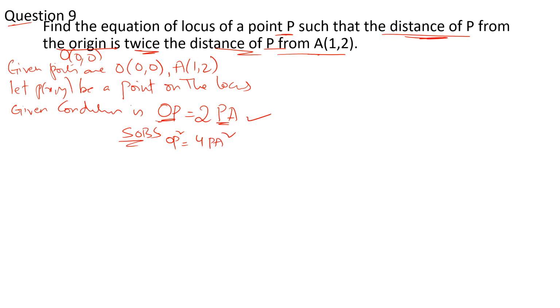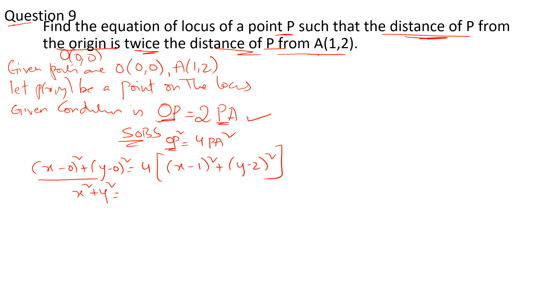So OP square is the distance between O and P. So (x minus 0) whole square plus (y minus 0) whole square is equal to 4 times (x minus 1) whole square plus (y minus 2) whole square. From this side you will get x square plus y square, and 4 times (a minus b) whole square, a square plus b square minus 2ab, plus y square plus 4 minus 4y.